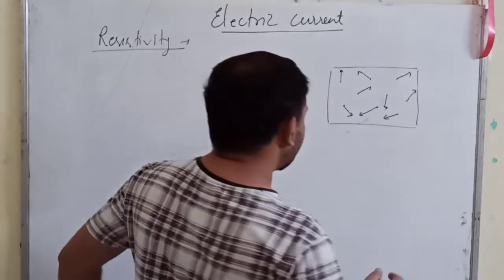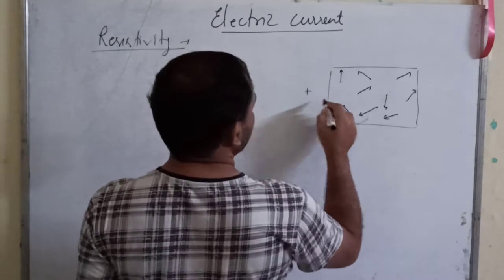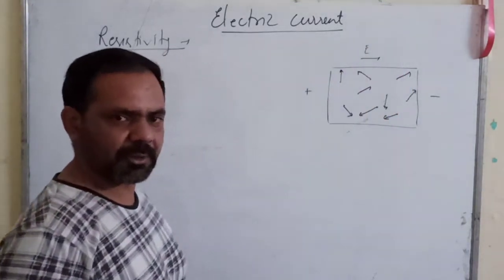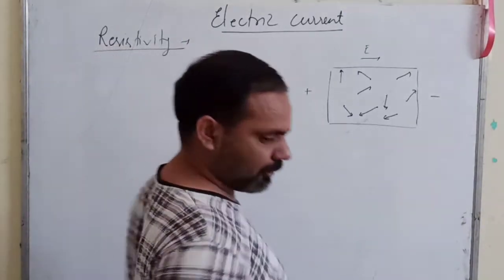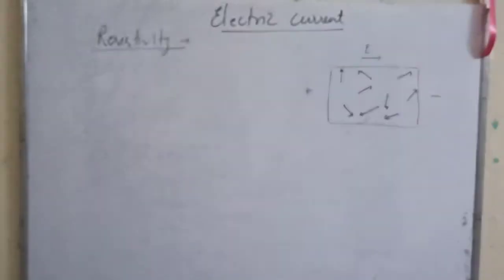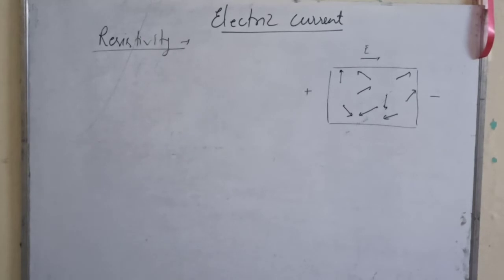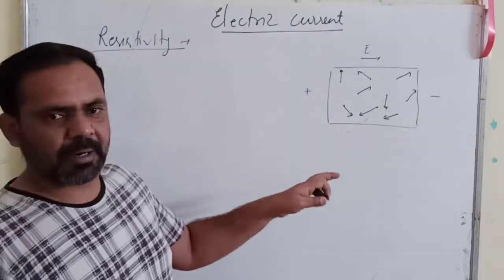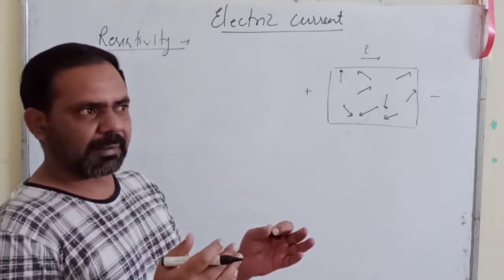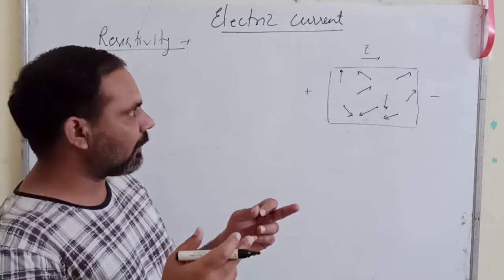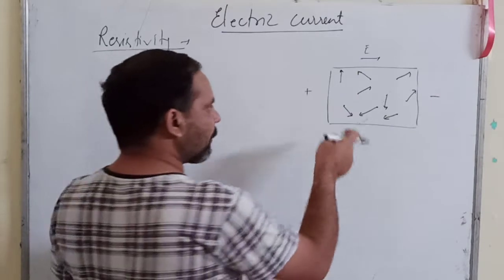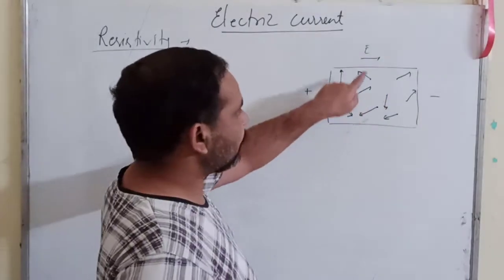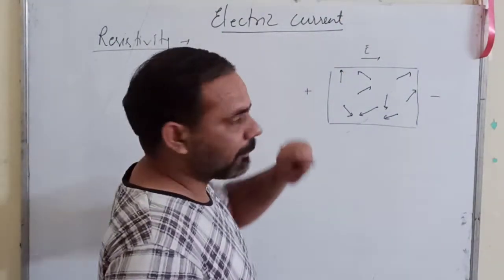Now what happens when we apply an electric field, suppose with positive and negative terminals in this direction? These electrons start to move towards the positive terminal, against the direction of the electric field.